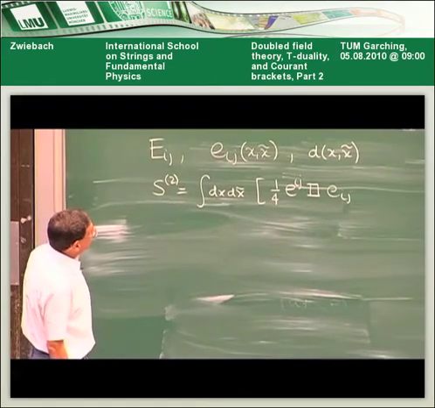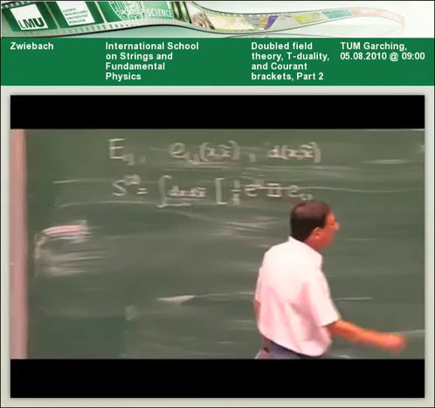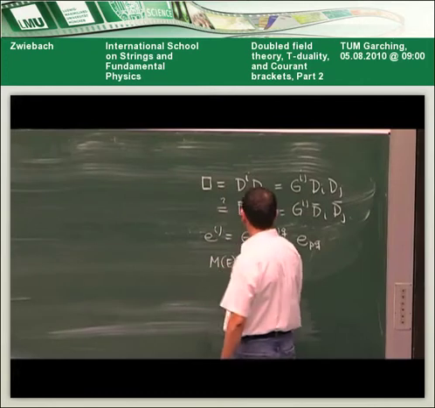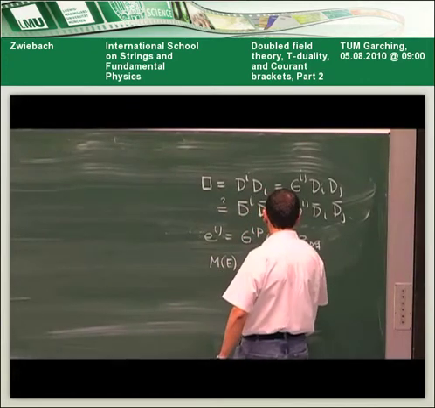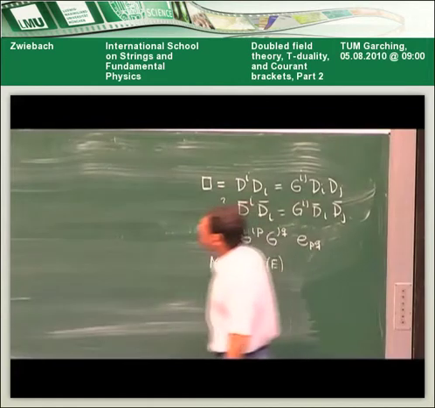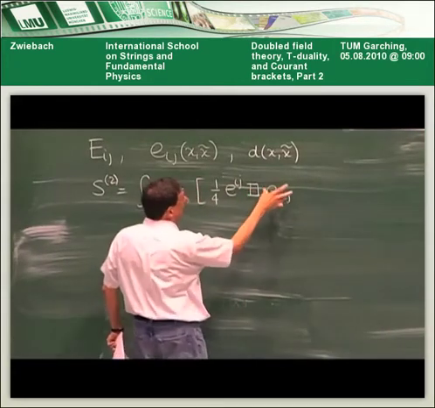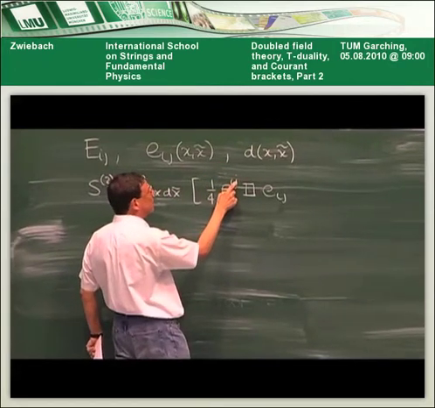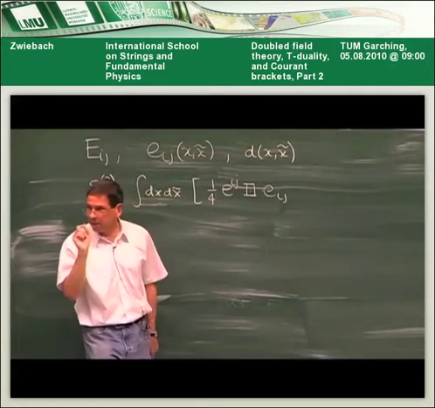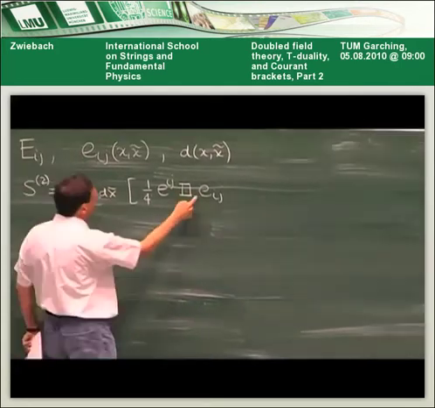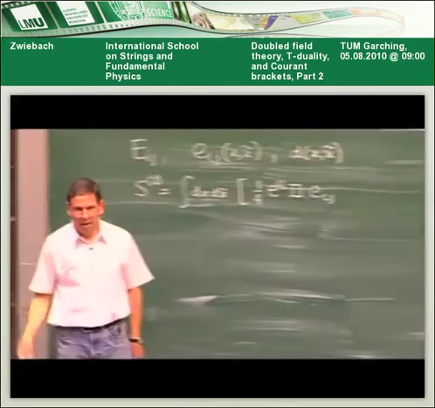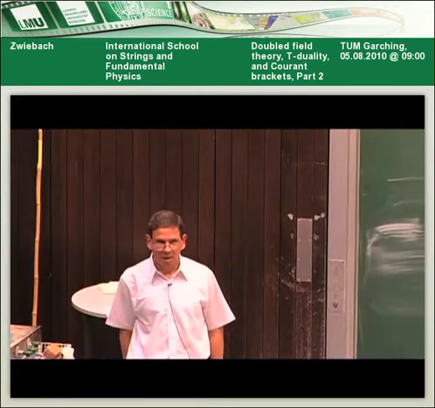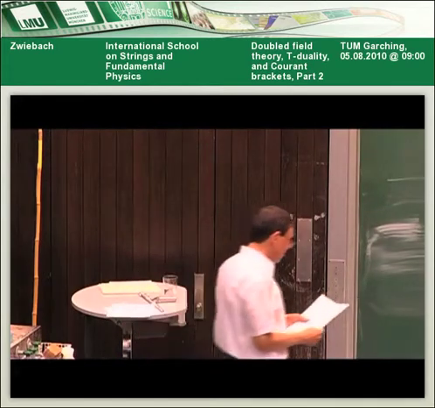Now, remember, all the M's are functions of E, and M bars are functions of E, and therefore they don't interfere with the derivatives. You see, this transforms with two M's, this transforms with two M inverses because the indices are up, but the M's, even though they depend on E, they depend on the background E, so the derivatives don't care, and this is an ODD invariant term. So that's good, that's an ODD invariant term.